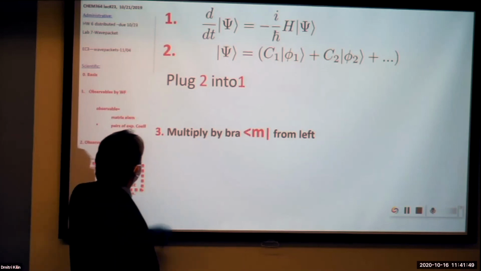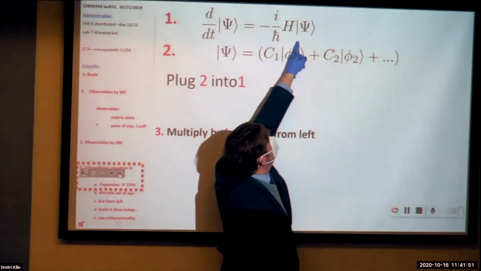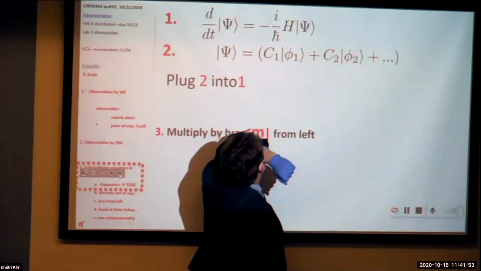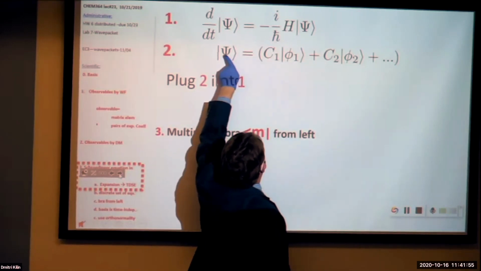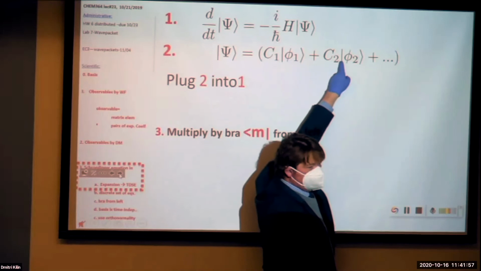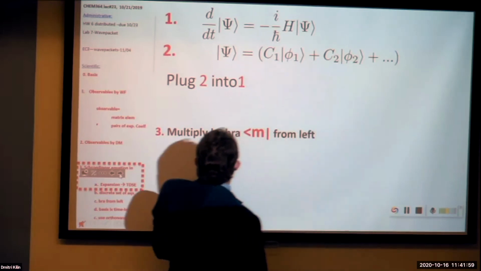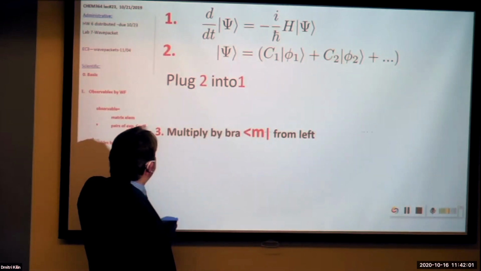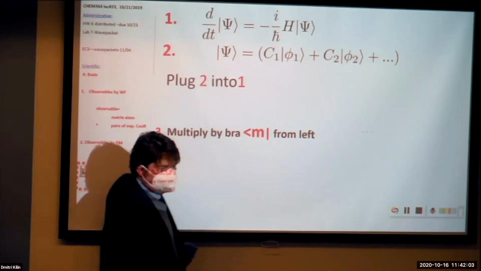So first, the Schrödinger equation in bra-ket notation. The wave function is represented in the form of expansion coefficients. Now I'm going to plug 2 into 1.